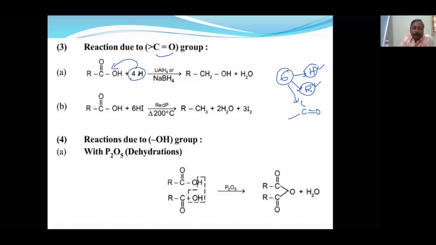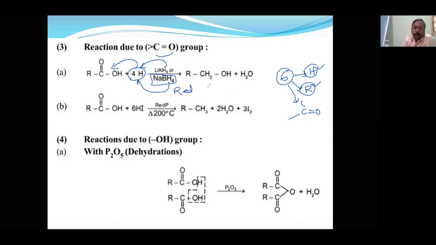Okay. So here four hydrogens are required. How many hydrogens are required? Four hydrogens. So who will give those four hydrogens? Sodium borohydride can give, or lithium aluminium hydride can give. They are the best reducing agents in the market.